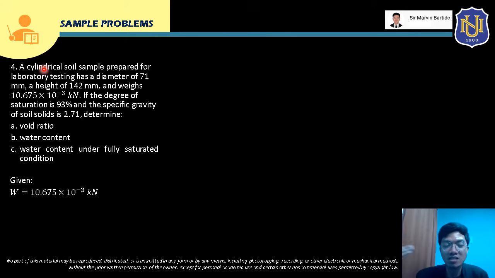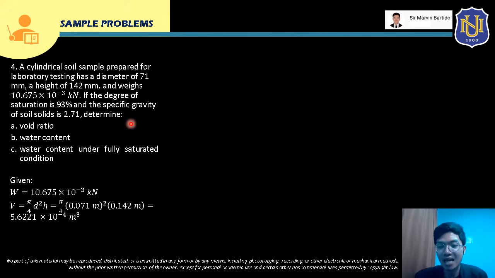The container, class, is cylindrical, so we can solve the volume. You have studied in geometry or solid mensuration that the volume of a cylinder equals the area of its base, which is a circle.